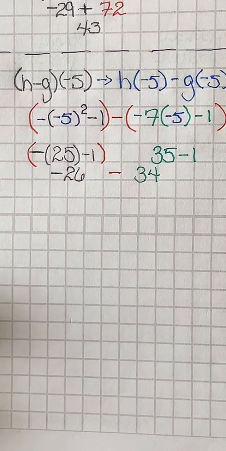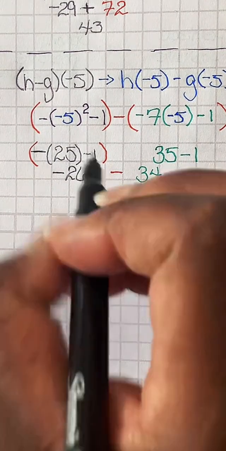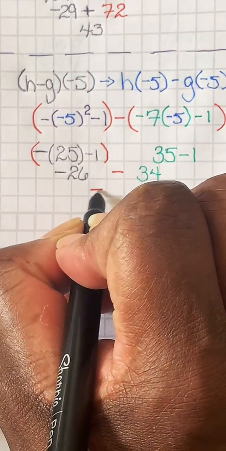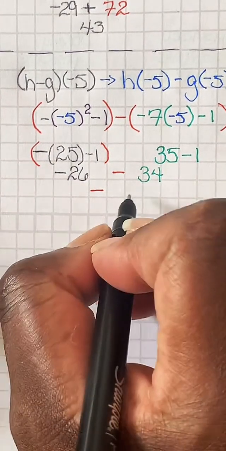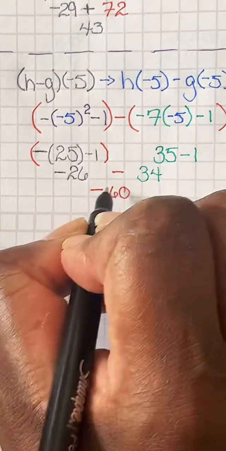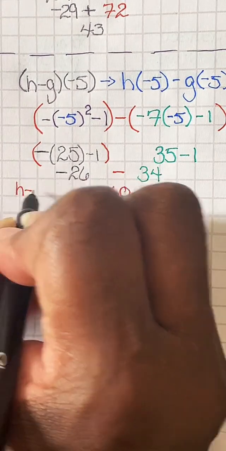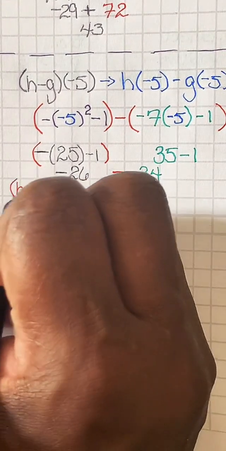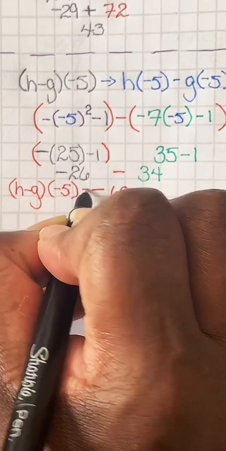So that means I'm adding them together, but I'm keeping the sign that's negative. So that should be a -60. So that's what h minus g of -5 equals.